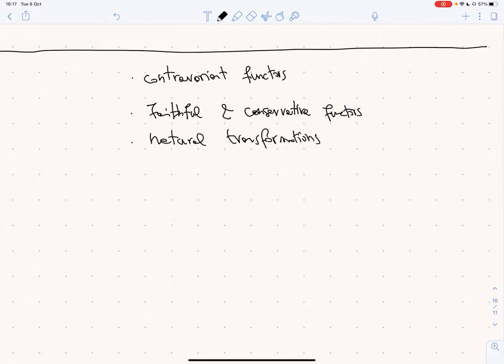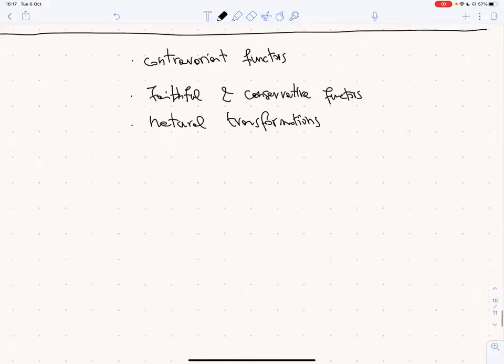So these are the last three topics of this lecture. I wouldn't like to speak for too much time because the attention span of researchers is shorter and shorter with their age, especially mine. And so let's go with what is a contravariant functor.